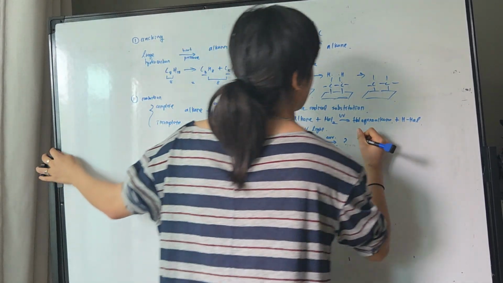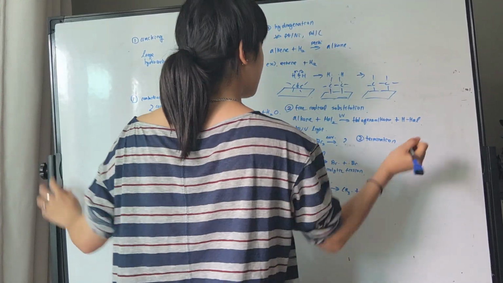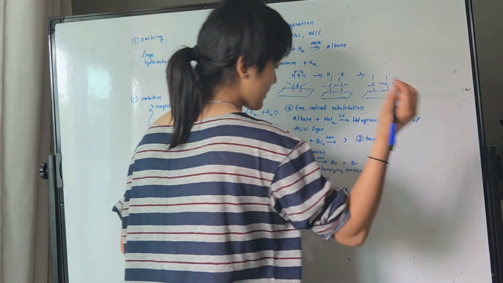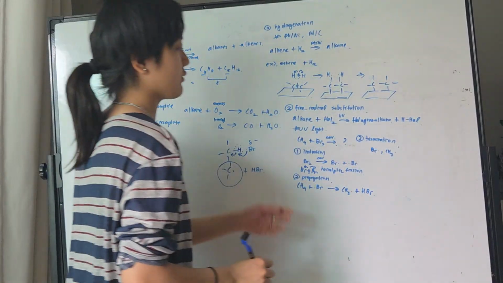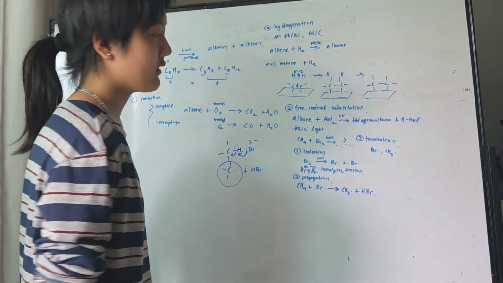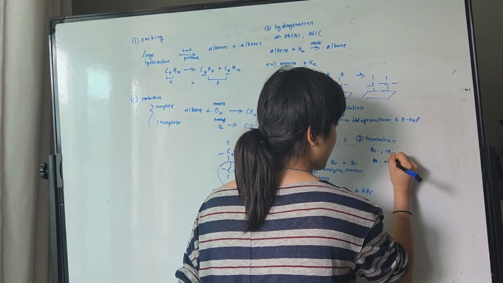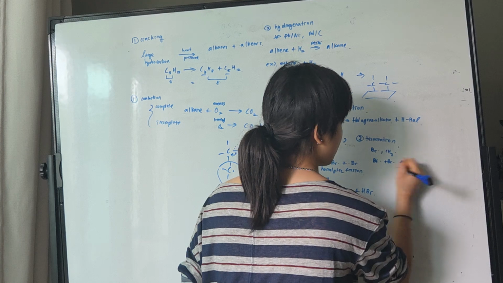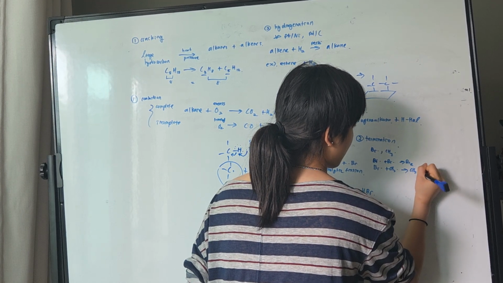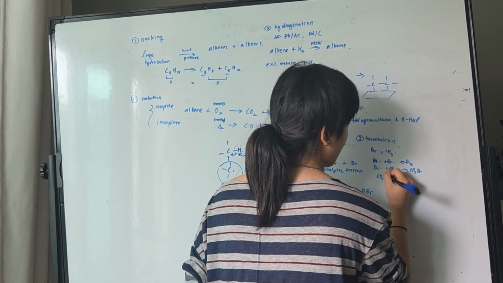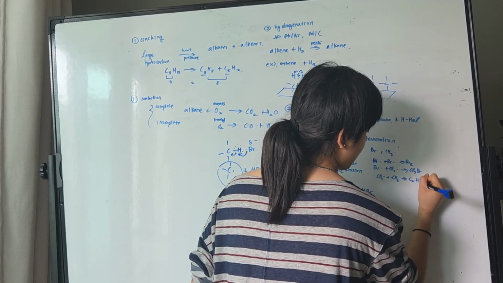Now what is the termination step? This reaction goes on endlessly until it's terminated. And when it is terminated, you just simply have to write down all of the radicals that were in this reaction, which for us was the Br radical and the methyl radical. So the bromine radical and the CH3 radical, think of all possible combinations. Br with Br, which creates Br2, Br with CH3, which creates CH3Br, and CH3 with CH3, which creates C2H6.